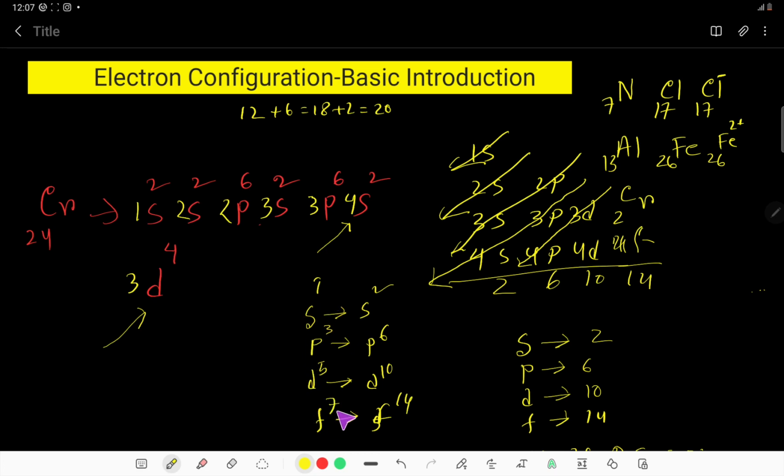A half-filled sublevel or orbital and a fully filled sublevel or orbital is more stable, right? So here d has 4, but the stable form of d is 5. So it will easily take 1 electron from the outermost shell, that is, it will borrow 1 electron from 4s and make d5.